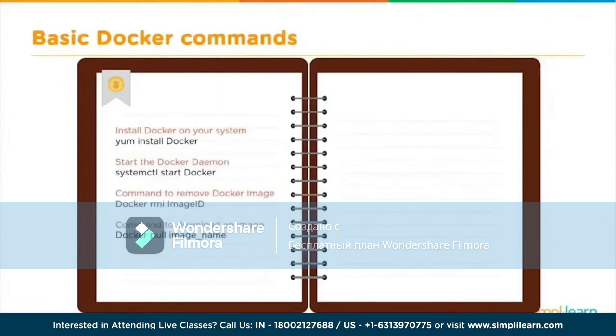The command to download a new image is docker pull and then the name of the image you'd want to pull. By default, you're going to be pulling from the Docker default registry that will connect to your Docker daemon and download the images from that registry. The command to run an image is docker run and then the image ID.